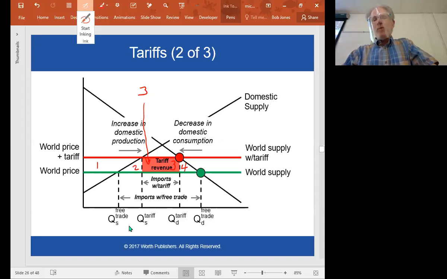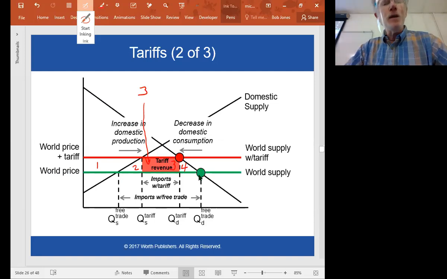So when we have free trade before the tariff, then the consumer surplus is going to be the area below the demand curve and above the price line. Well, before the tariff, the price is here. So this is the relevant price line. And so with free trade, consumer surplus is going to be the entire area below the demand curve, all of this, and above the price line.